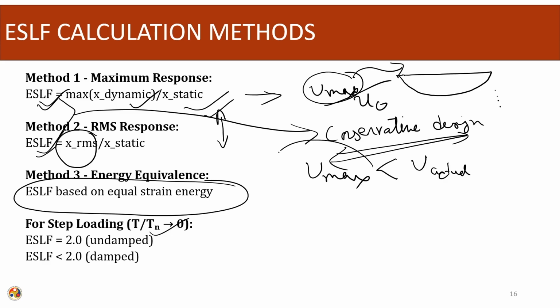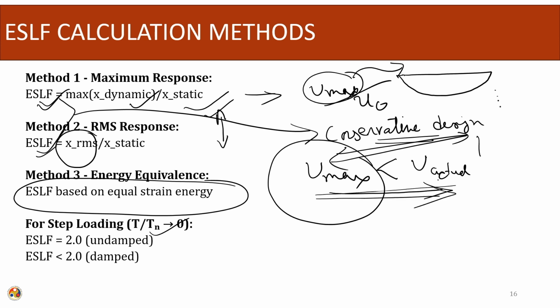There is a big approximation built in here. That is why, even though we use a conservative design, we try to approach U actual as closely as possible, so that our design is accurate. This is the approximation, and we always try to achieve the U actual, though we know we are ignoring the effect of the higher modes.